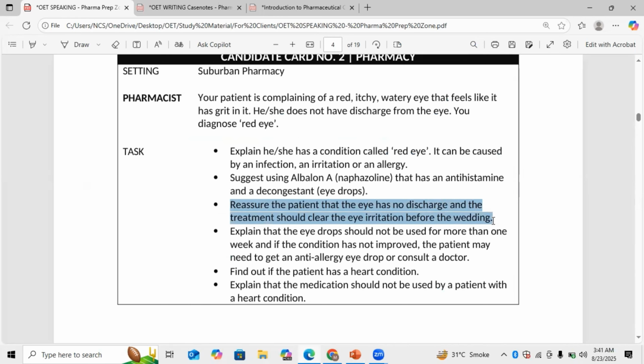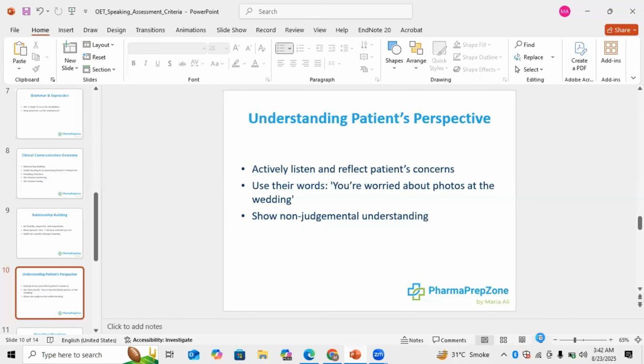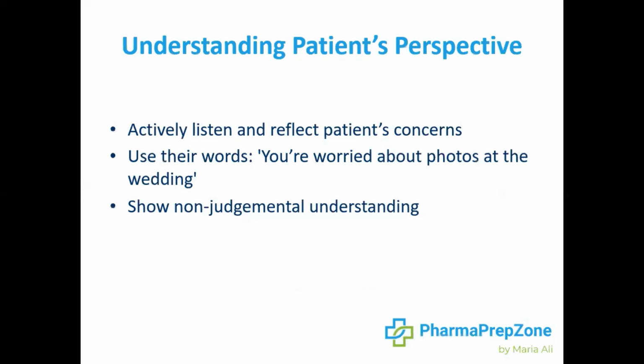So you reassure the patient: I understand you're concerned about your daughter's wedding pictures. I understand it's a big day for your daughter. So it will show that you were actively listening to them. When you are able to display that you were actively listening to the patient, you build a relationship with them. And one more thing you have to do is be very non-judgmental.